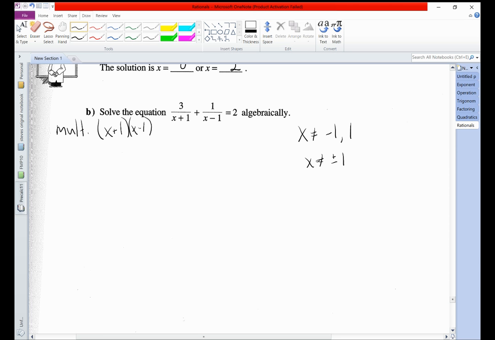If I do that, I've got x plus 1, x minus 1 multiplied by 3 over x plus 1, plus x plus 1, x minus 1 multiplied by 1 over x minus 1. And that's equal to x plus 1, x minus 1, all multiplied by 2.